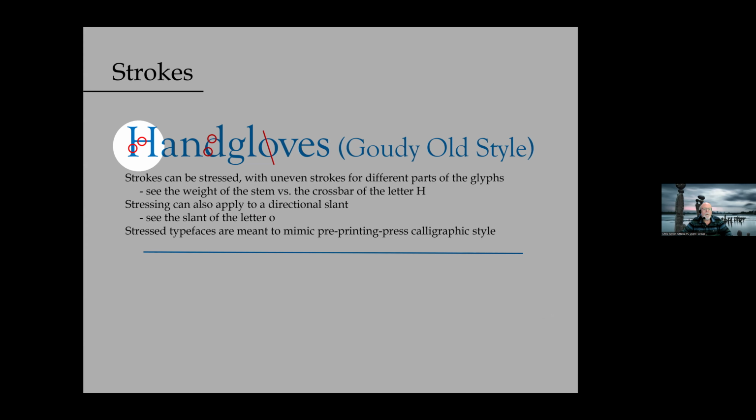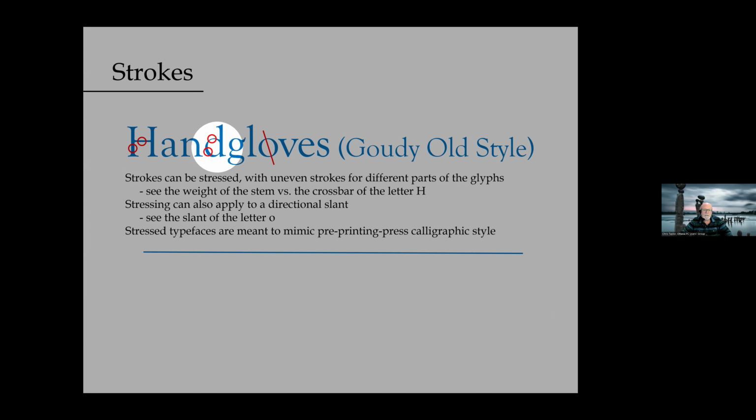You can also have a directional slant, something like on the O, and you can have glyphs where it's a very gentle change from one width to another, such as the lowercase d in Goudy Old Style. So stressed typefaces are made to look like a calligraphic style of writing.